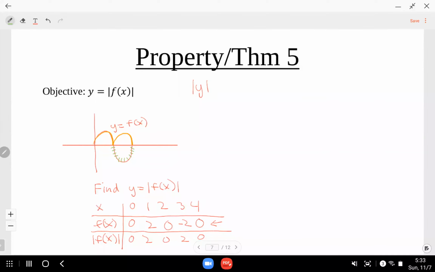So everything has to be reflected with respect to the x-axis to be positive. If we're going to take the absolute value of all of these negative things, everything negative is going to be reflected up with respect to the x-axis. Does everybody get what I'm saying here? You cannot have a negative y value, so it has to be positive.